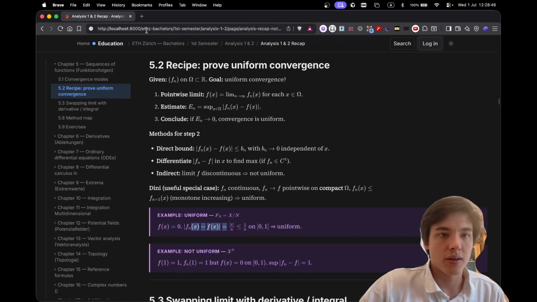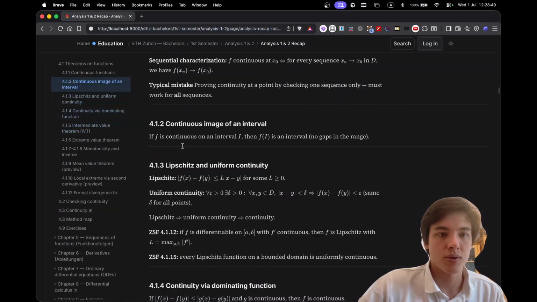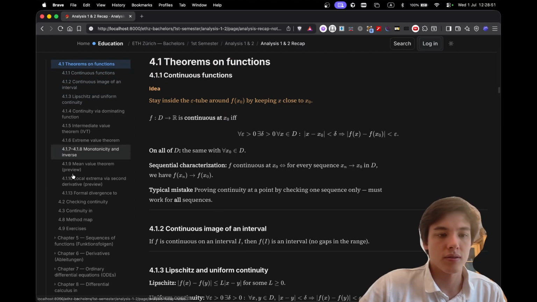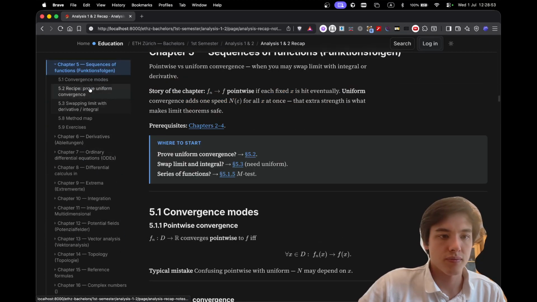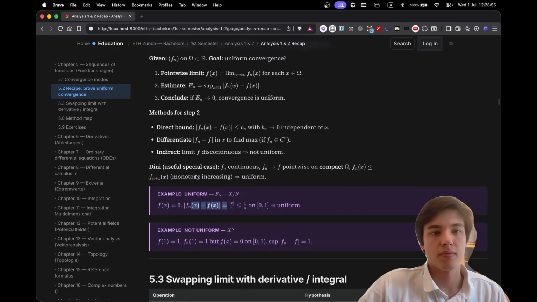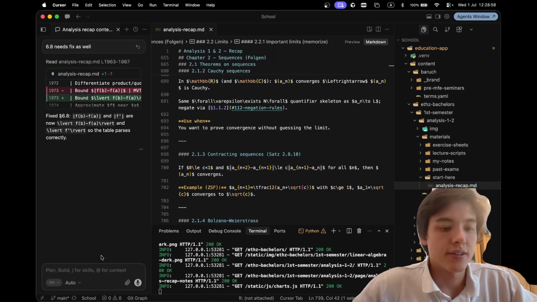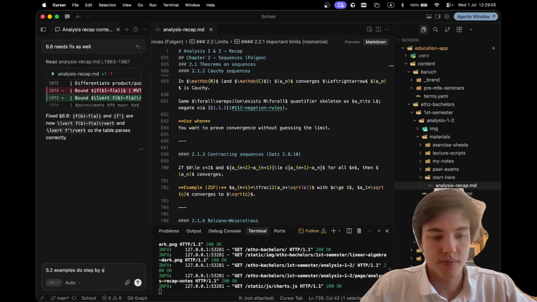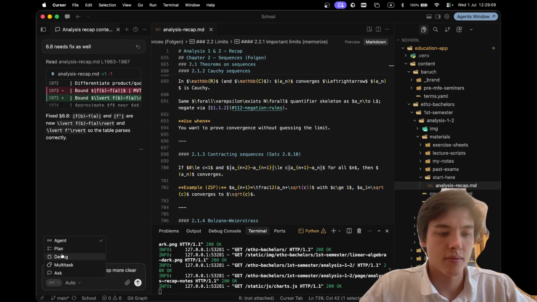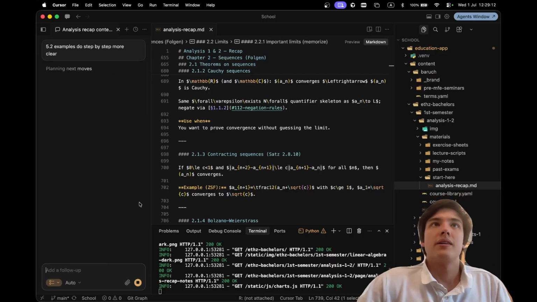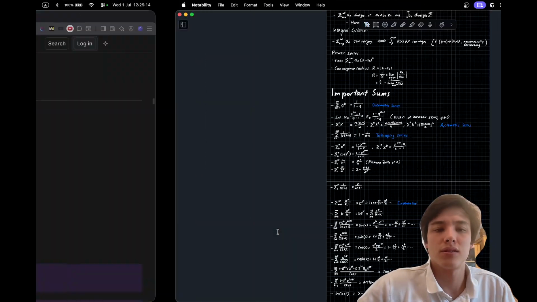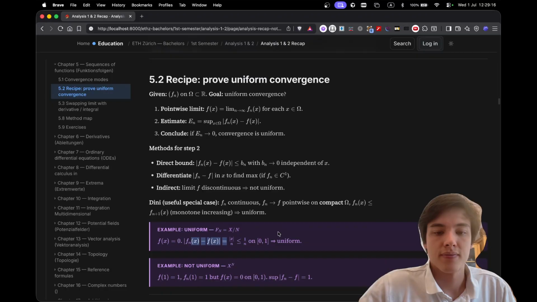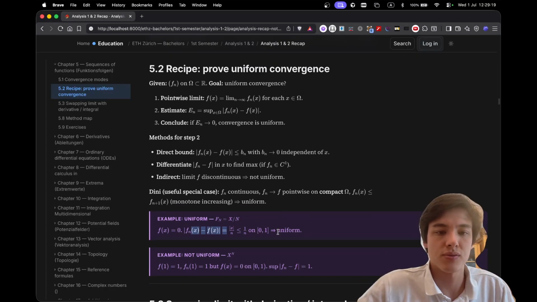Wait, where am I? I'm on localhost. Perfect. All I can do is just 5.2 examples. My mind is not the brightest today. I cannot focus for some reason.